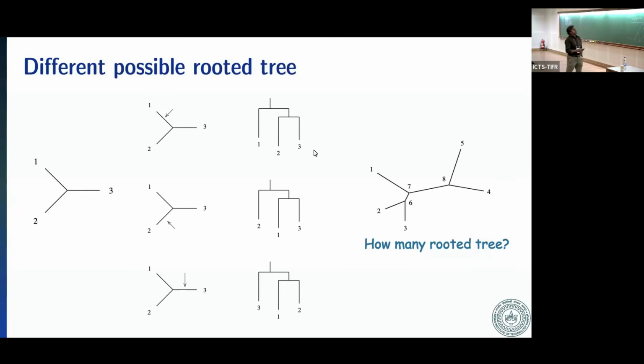Okay. And what is the number of leaves in this case? So certainly n minus 1 is not the answer. It is basically the total number of branches that you have on this tree, because you can place the root on any of these branches, and corresponding to that you will end up with a different rooted tree.